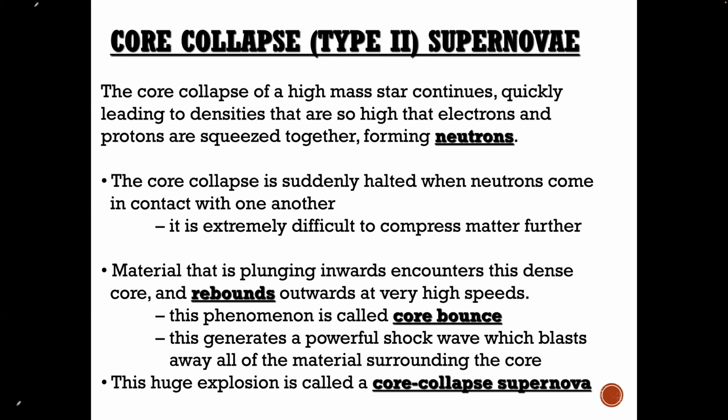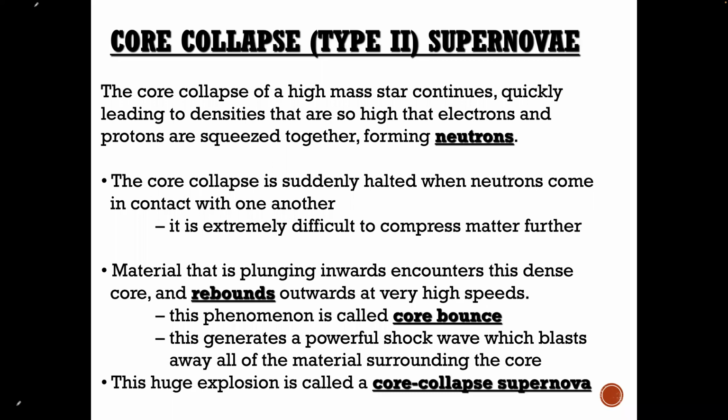However, this is a somewhat violent process because of the huge amount of material involved. And because of the neutron degenerate pressure, all these inward plunging materials will start to rebound back in the outward direction at a very high speed, right?